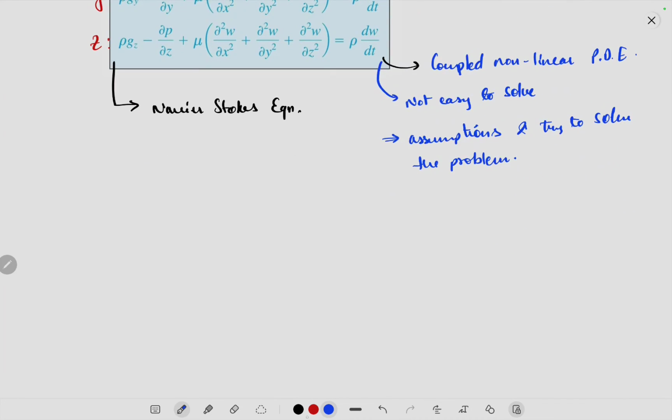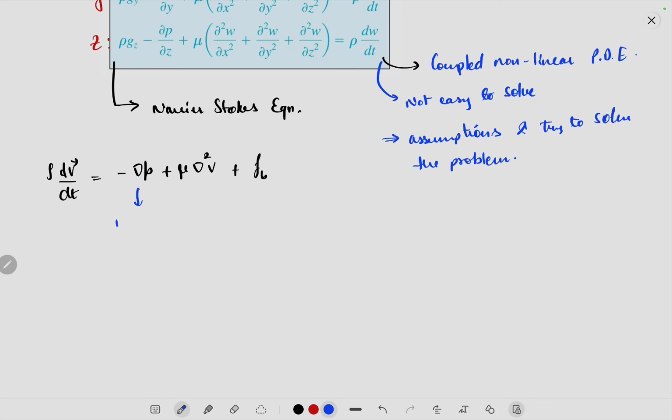The vector form of this equation is given as rho dv by dt is equal to minus grad p plus mu grad square v plus fb.